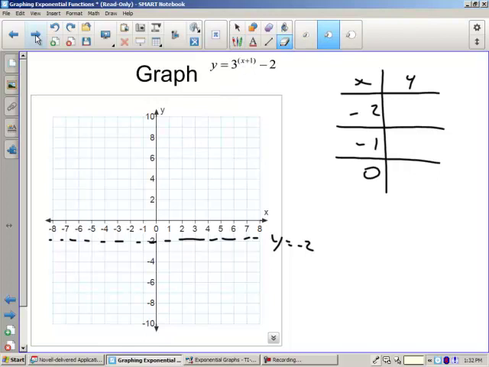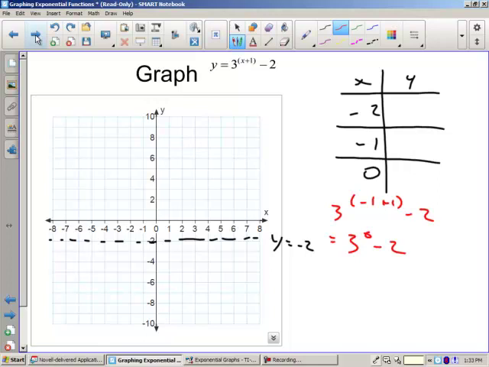Okay, if x is equal to -1, I'm going to get 3 to the power -1 plus 1 minus 2. Well, that's 3 to the 0 minus 2. 3 to the 0 is 1. 1 minus 2 is equal to -1. And so when my x value is -1, my y value is -1 also.